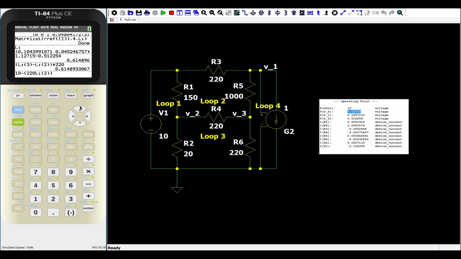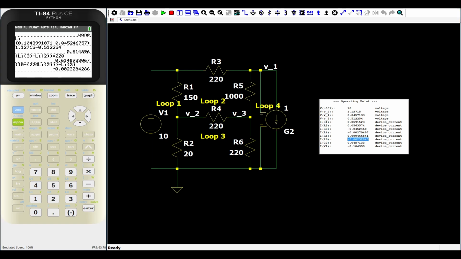So let's subtract that: all of this is going to be subtracted by current 3. Okay, so we get 0.0023 something. That was the current through R6, and as you can see, the simulator indeed shows negative 0.00232 something, and that is agreeing with what we got from the calculator.